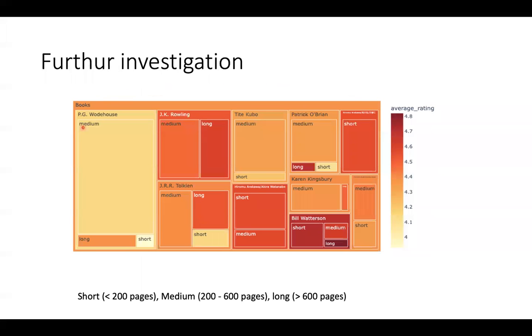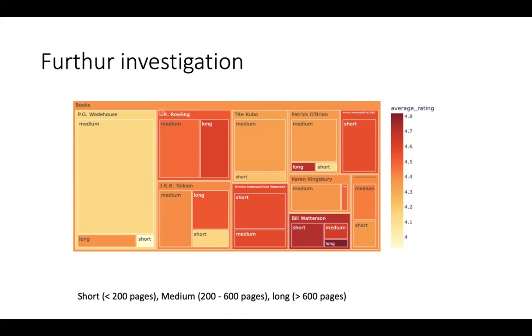From this hierarchical data representation, let's say the first dimension is the author, and the second dimension is the length of the book. If a book is below 200 pages, it is a short book. If a book is between 200 and 600 pages, it is a medium book. And beyond 600 pages, it is a long book.